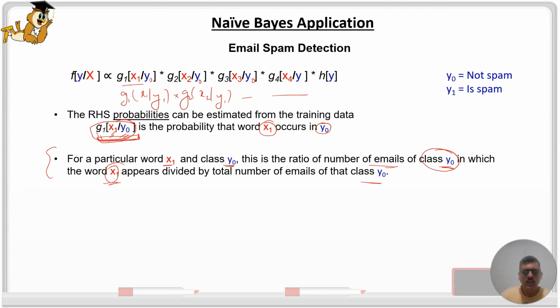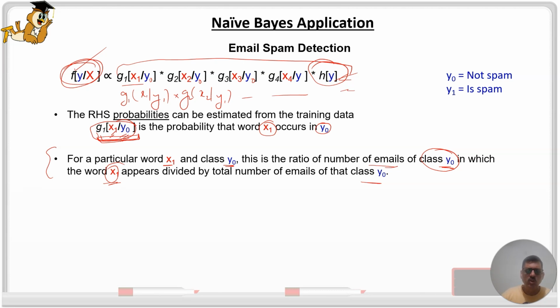And then you would evaluate these to get the relative values of f of y0 given x and f of y1 given x, and you would classify the email as spam or not spam depending upon which of them was greater. Now there is another quantity here, h of y, which is the probability of an email being spam versus not spam, and from the training set you can simply define that as the number of spam emails divided by the total number of emails given to you in the training data.